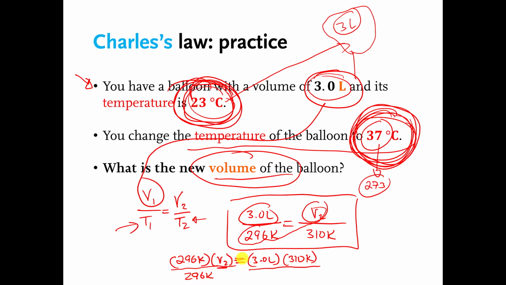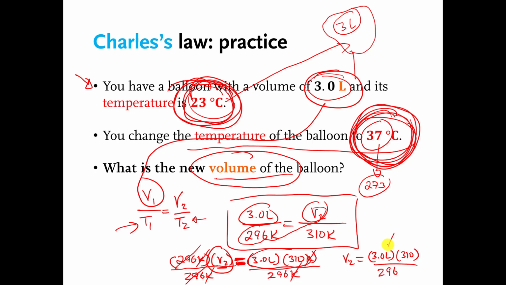But to keep the equation correct and being equal, we have to divide the other side by 296 Kelvin as well. On the left side, the 296's reduce away to 1. The Kelvins cancel. On the right side, the Kelvins also cancel. So if we simplify, it's going to be V2 is equal to 3 liters times 310, divided by 296.